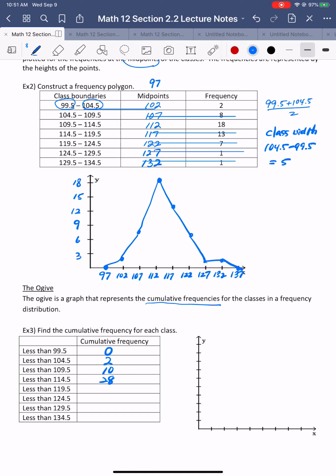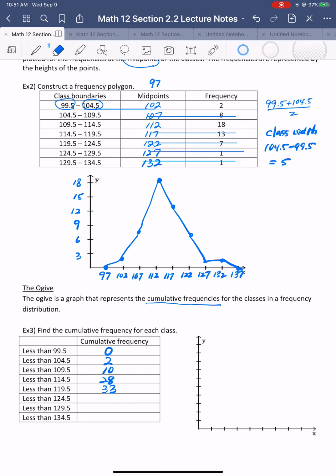And then up to 119.5 right here. So adding 13 from the 28. Oh, not 33.